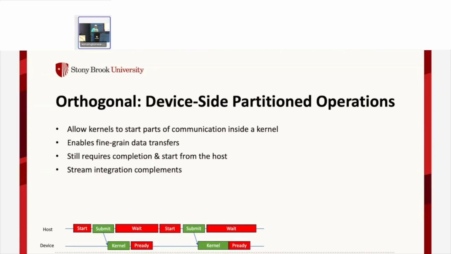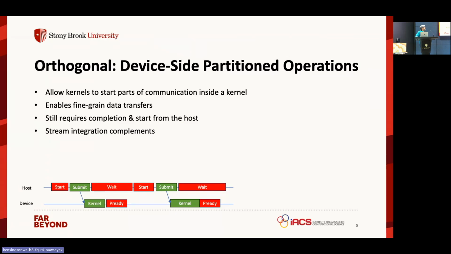You enqueue the start onto the stream, then you trigger your operations inside the kernel, and then you enqueue a wait onto the stream. You can basically push a lot of things onto the stream. You never have to do that from the host. So the stream integration that we're talking about here is complementary to the device-side partitioned operation.